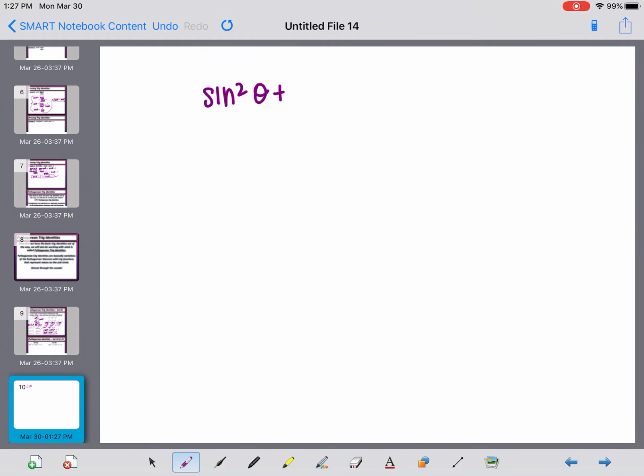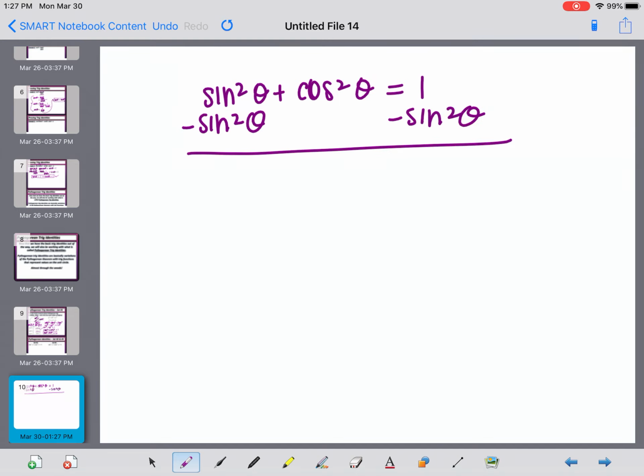So we could rearrange it, it doesn't matter. Sine squared theta plus cosine squared theta equals 1. If I rearrange this, I can get two more equivalents, two more identities. So I could subtract sine squared, and I could say cosine squared equals 1 minus sine squared.